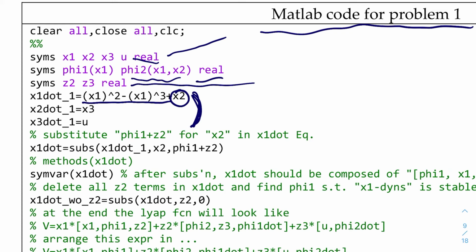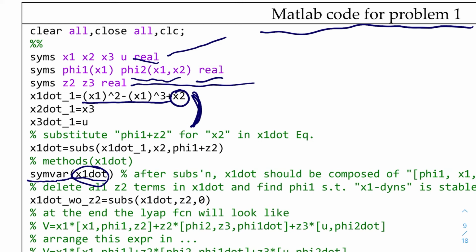By the way, every time you do something, check by using the simulink function. For example, x1 dot is a function of x1 and x2, or is it?